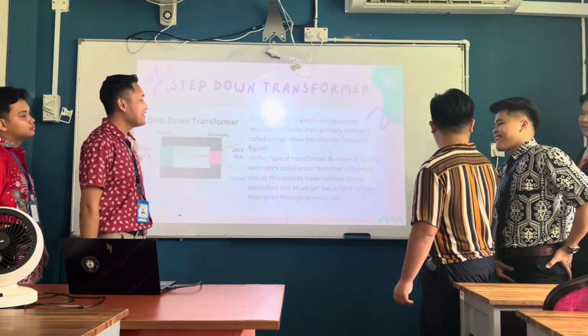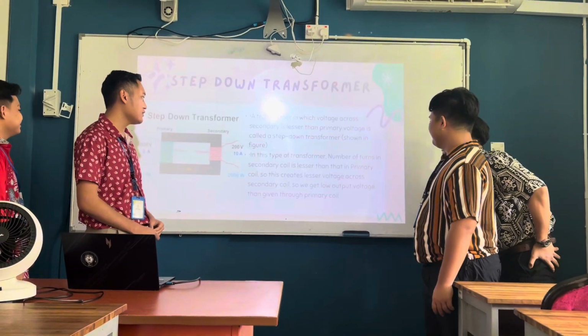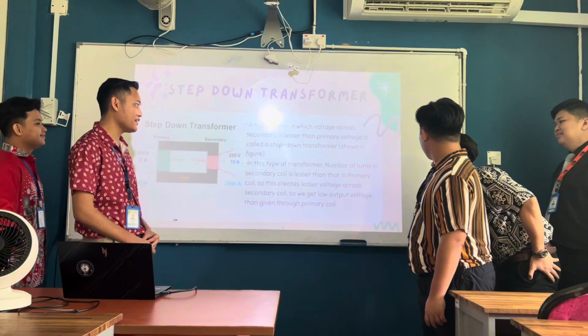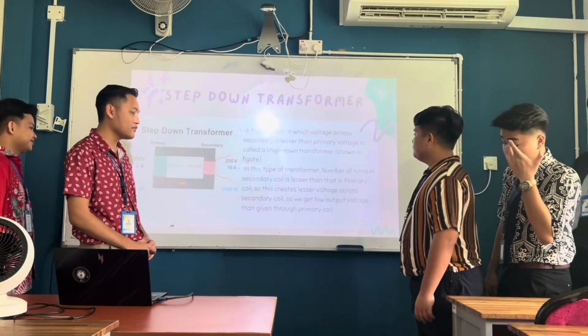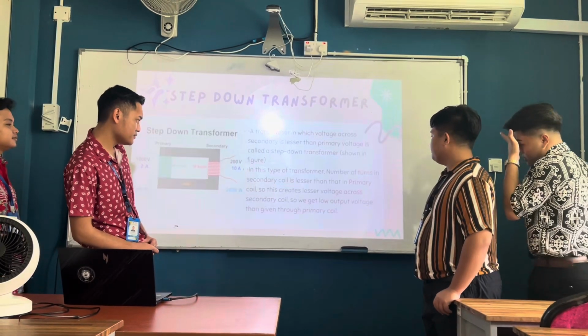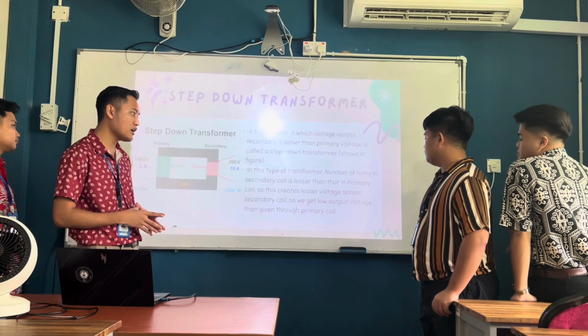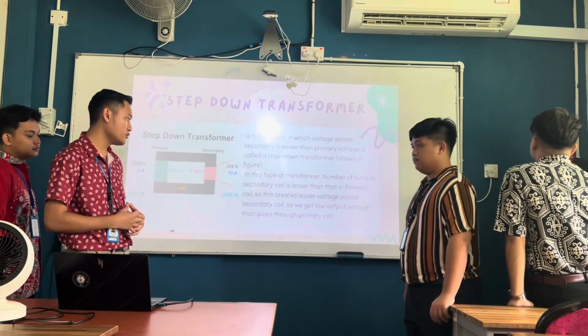In this type of transformer, the number of turns in the secondary coil is lesser than in the primary coil. So this creates a lesser voltage across the secondary coil, so we get a lower output voltage than that given through the primary coil.